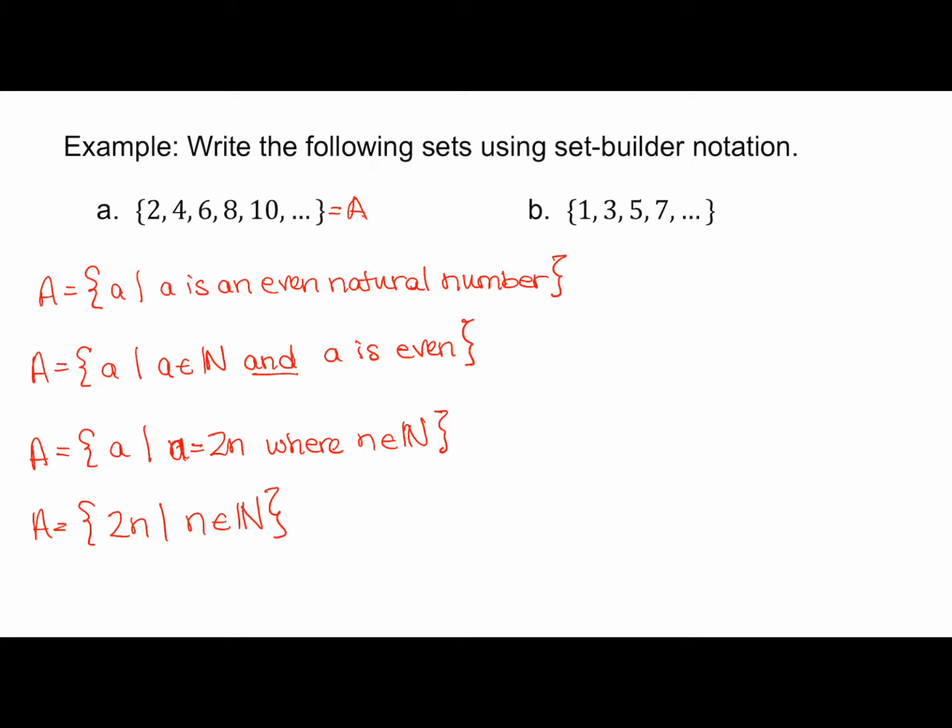All of these are acceptable answers using the set builder notation, but this last answer is what we're aiming for, something that's a little more concise but still explains what we're looking for in our set A. I'm going to let you do the odd numbers, this set B, on your own, and I'll collect that for homework.